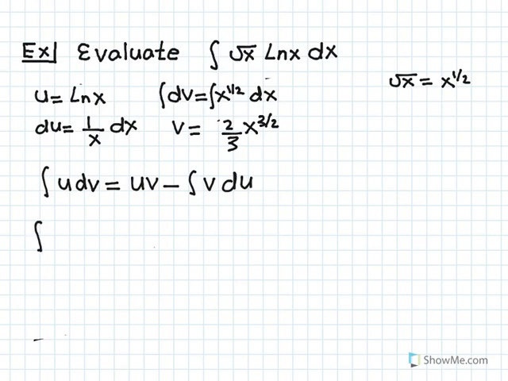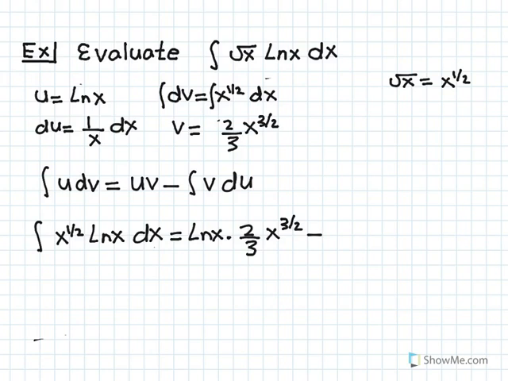So we have the integral of x to the 1/2 log x dx. That's equal to u times v, that's ln x times 2/3 x to the 3/2, minus the integral of v, that's 2/3 x to the 3/2, times du, which is 1 over x dx.